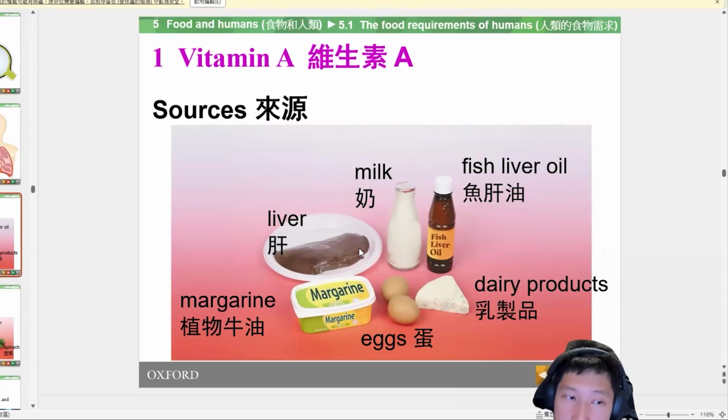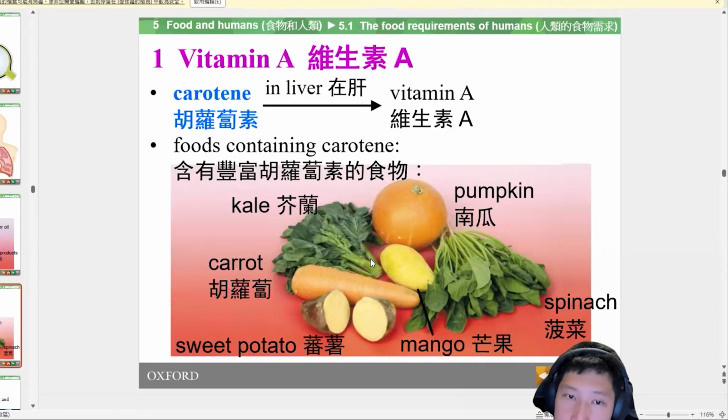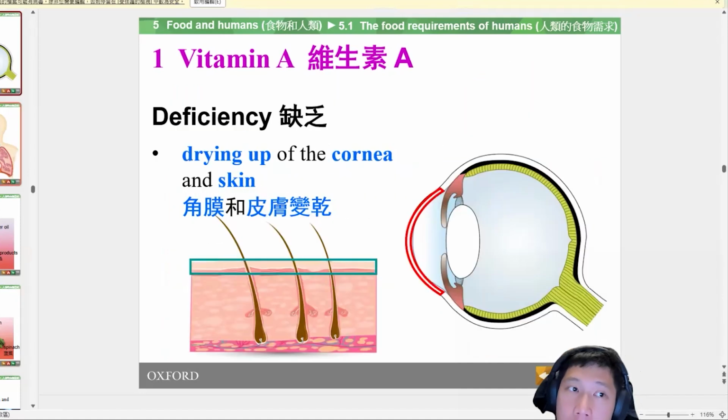They do contain vitamin A. Apart from that, foods that contain carotene, for example carrots and mango, this carotene will convert into vitamin A in our liver. So we can eat more carotene so that our body can produce vitamin A, and this vitamin A will later be used in different functions.